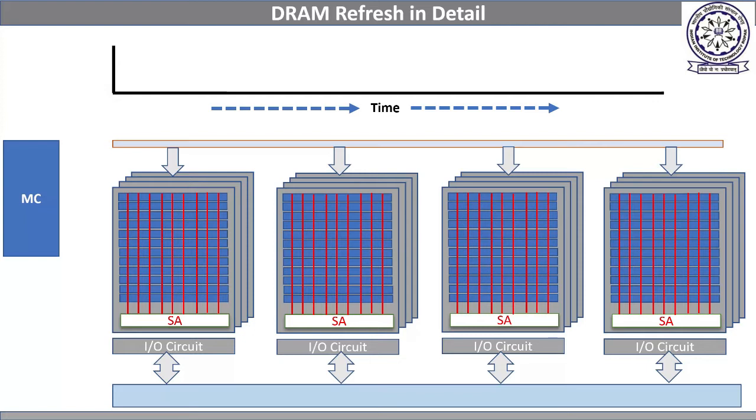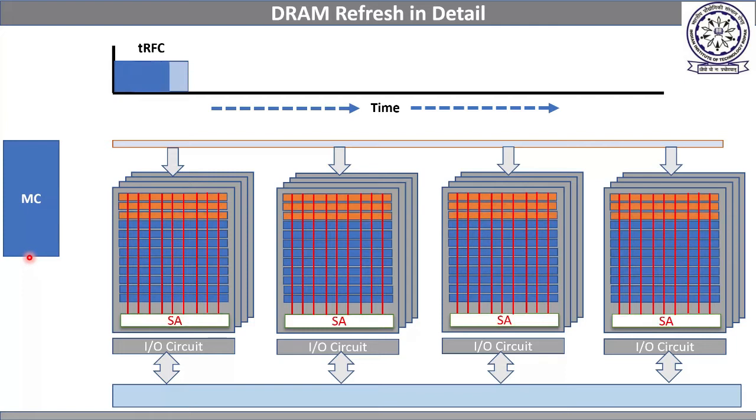So this slide, whatever I'm explaining here, was already discussed in the last lecture. When we want to refresh all the rows in each refresh interval, the memory controller divides these rows into separate groups. When the first refresh command comes, it will take tRFC time, and this refresh command will refresh 4 rows according to this example.